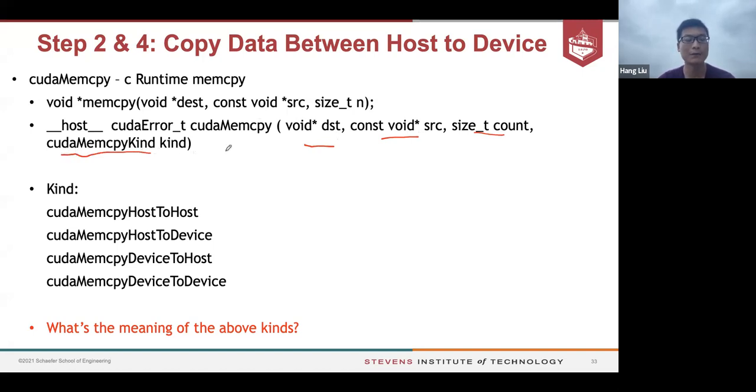Either we want to copy from GPU to GPU, CPU to GPU, or GPU to CPU, right? So there are 4 copying cases: host to host, which means in CPU. Host to device means from CPU to GPU. Device to host means from GPU to CPU, and device to device means from GPU to GPU, right?